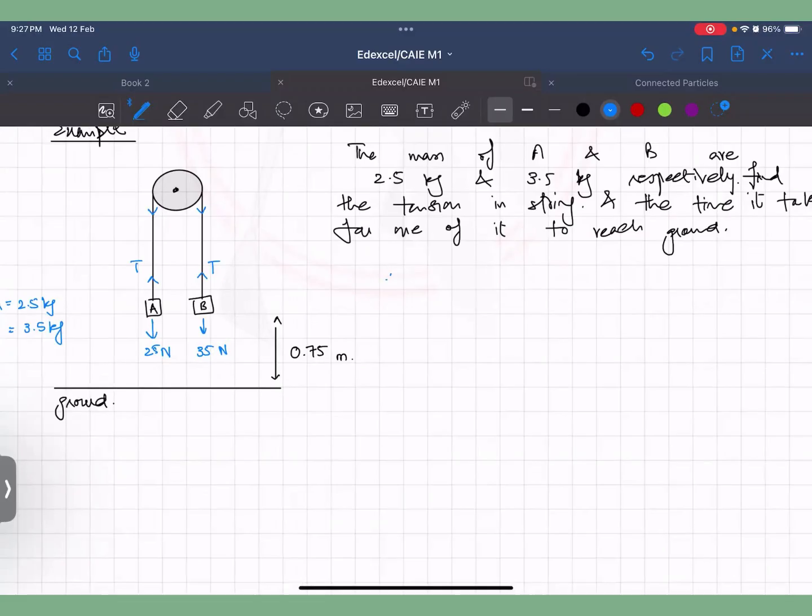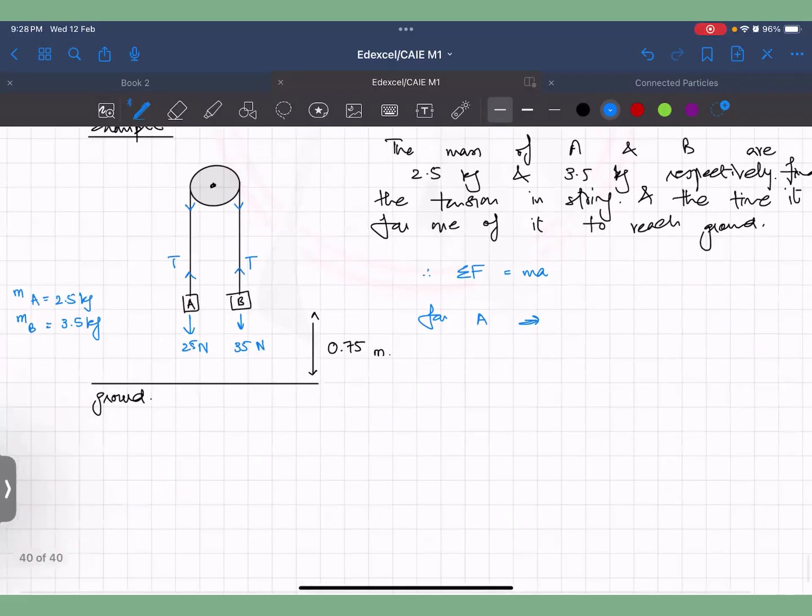Now we have to write the sum of F equals ma for both of these bodies. So what happens for A? Right now, we have to take an assumption about which one would be moving down. Make a logical assumption.